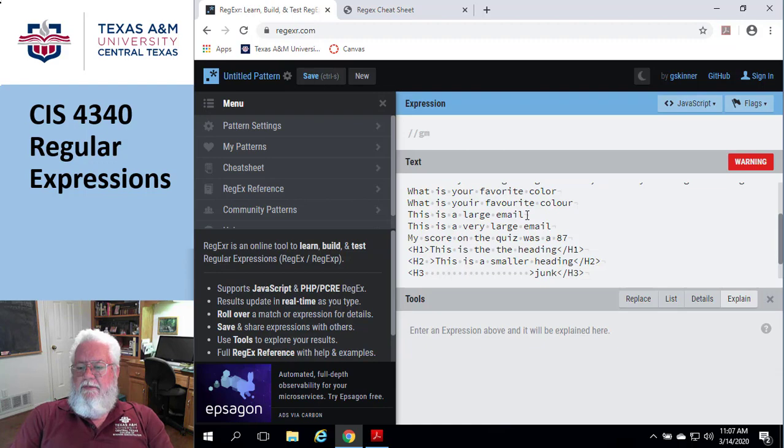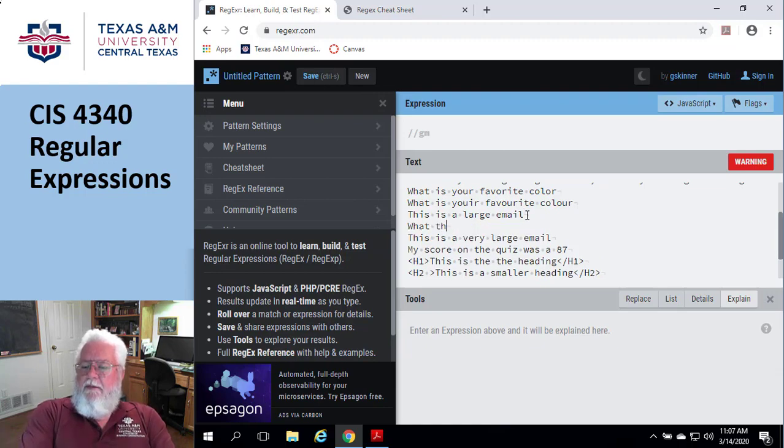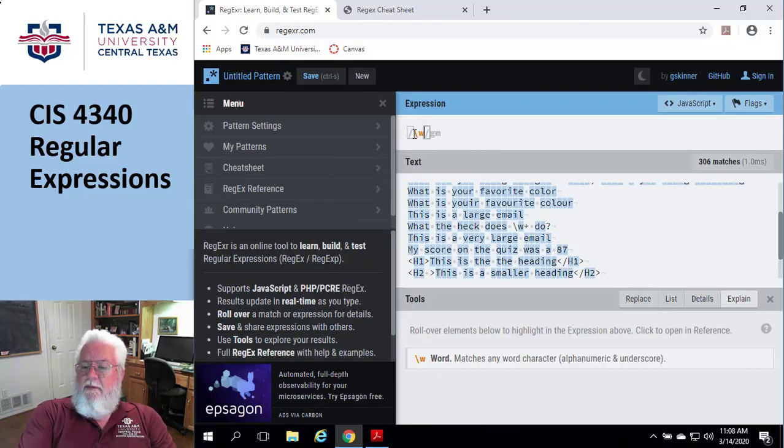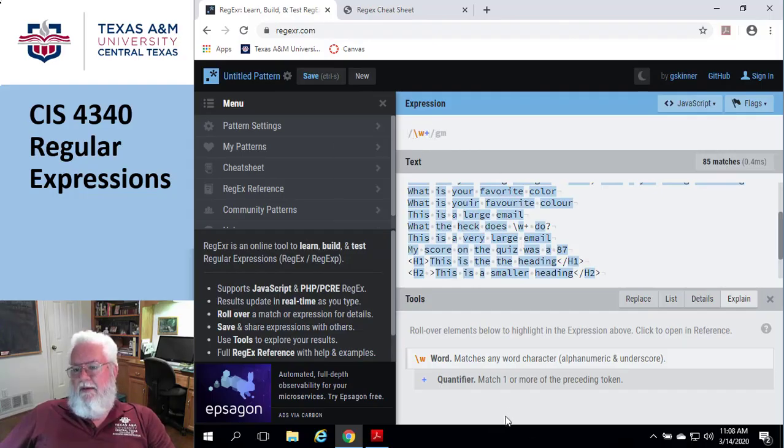So for example, let's say, what the heck does \W+ do? I want to find \W+, but doesn't that look like, if I just typed that in, that would be finding all words. That's not what I had in mind, is it?